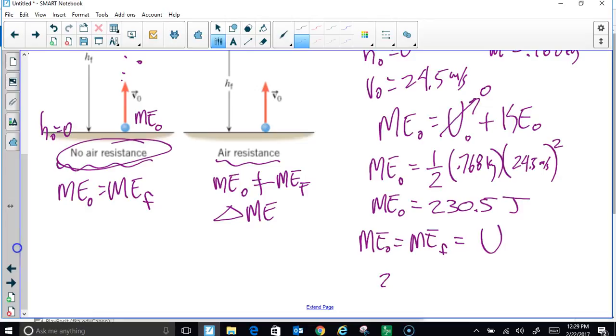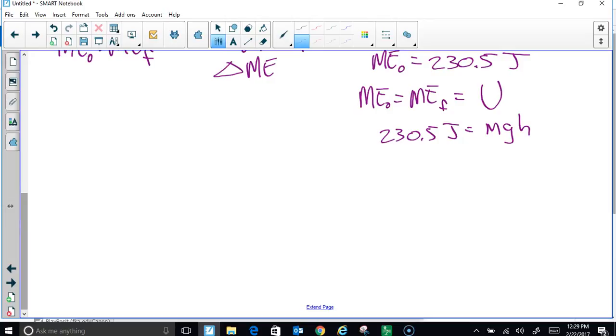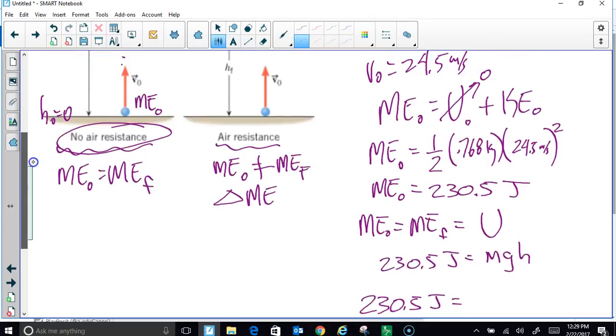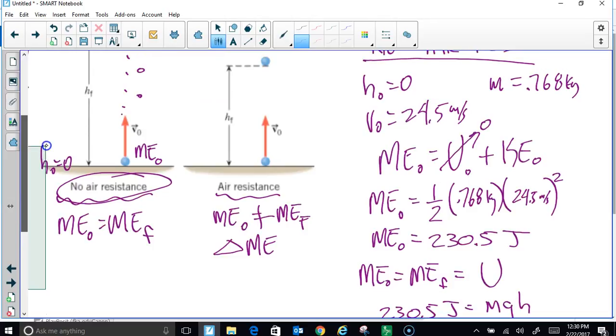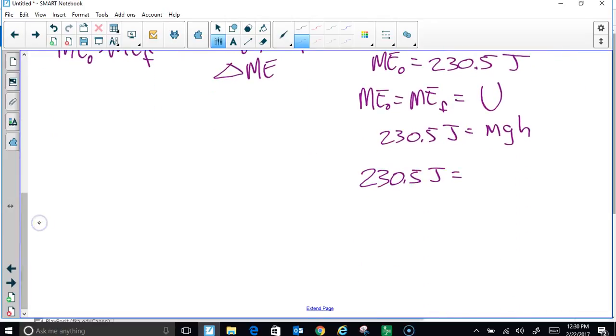So I have 230.5 joules equals mgh, and I know m and I know g, so I solve for h. That's going to give me, let's see, 230.5 joules equals, notice, really I could cancel out the masses at this point, but you notice they would have shown up on both sides if you look at it a little bit. 0.768, I'll stick with it though. 0.768 times 9.8 times h.